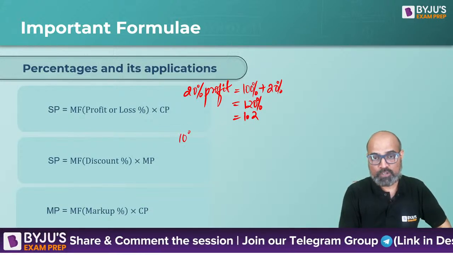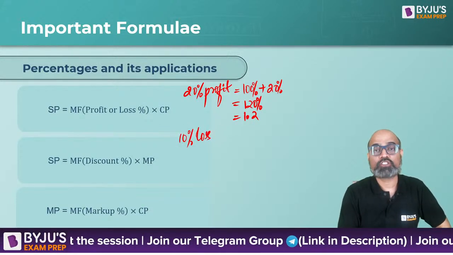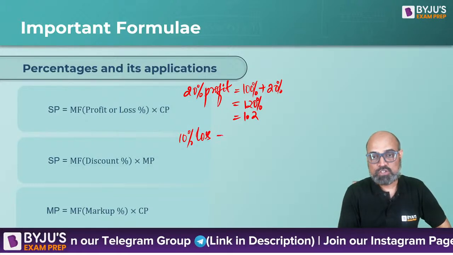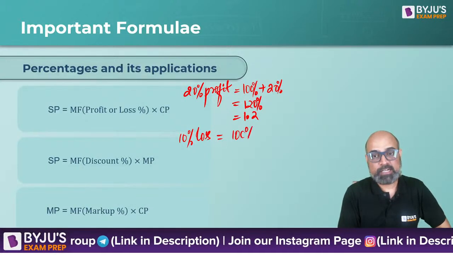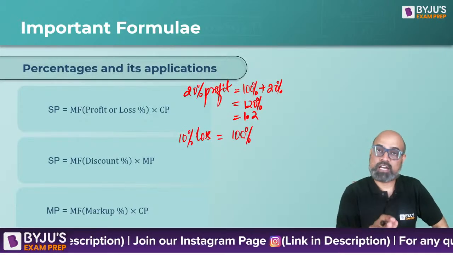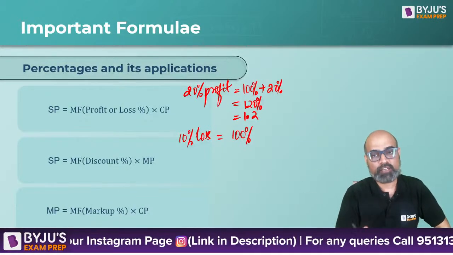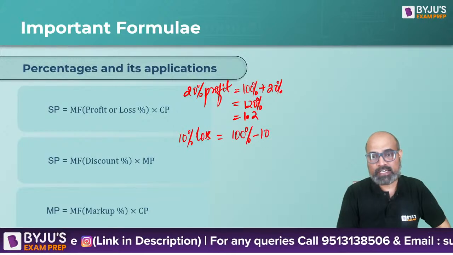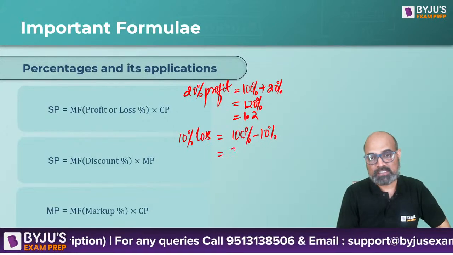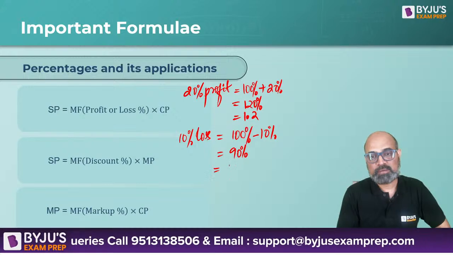If you are given, suppose, 10% loss, loss means there is a decrease. So what you will be doing is you will take 100% every single time. It's always 100% plus minus things, okay? And then you will decrease that 10%. So it results in 90%, and 90% can be written as 0.9.